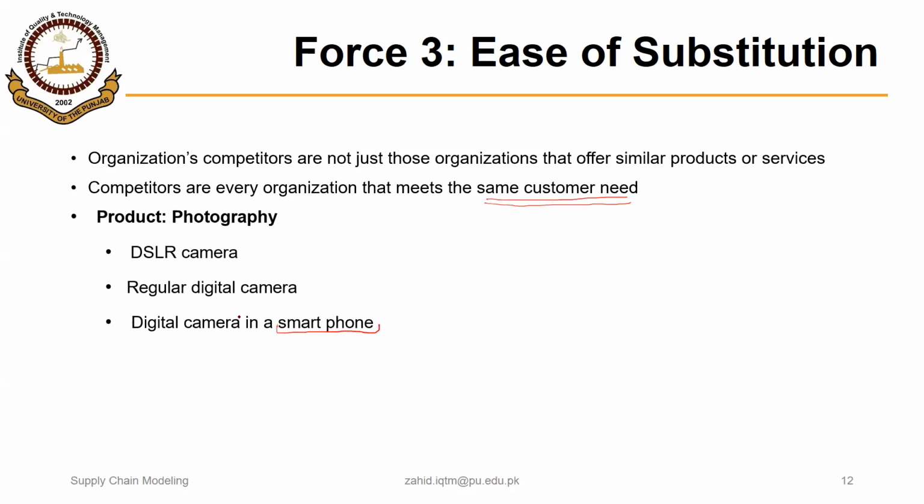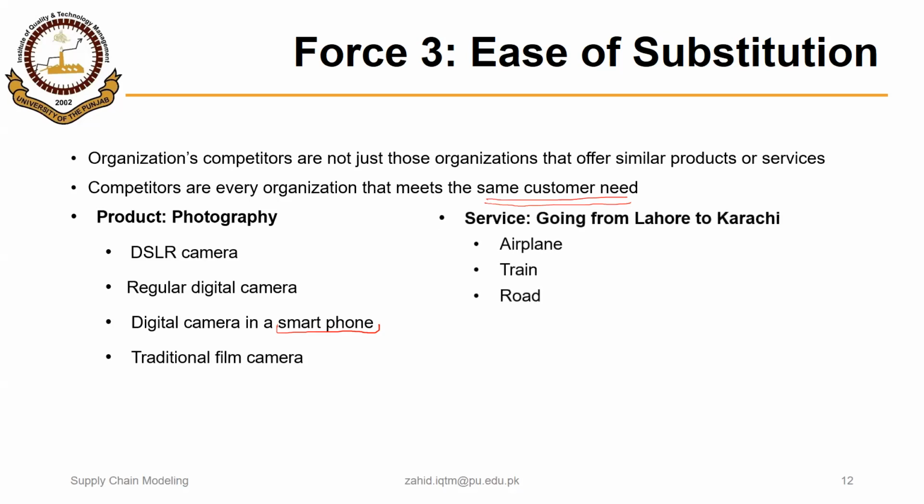So they may also be competitors for this DSLR camera manufacturing organization. And even any traditional film camera manufacturing organization is also a competitor for this DSLR camera manufacturing organization.